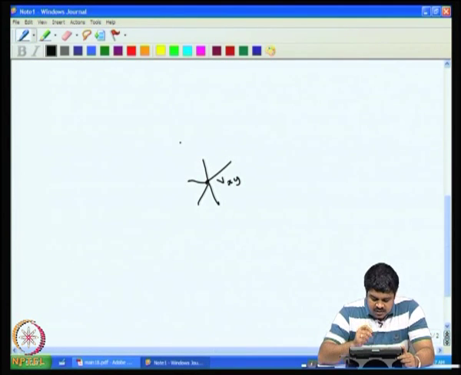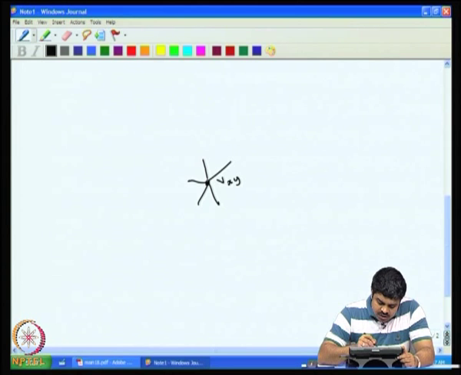So, the point is, suppose I had removed this vertex v x y from the graph. Because we have a 3 connected graph here, after removal of v x y we still will have a 2 connected graph.